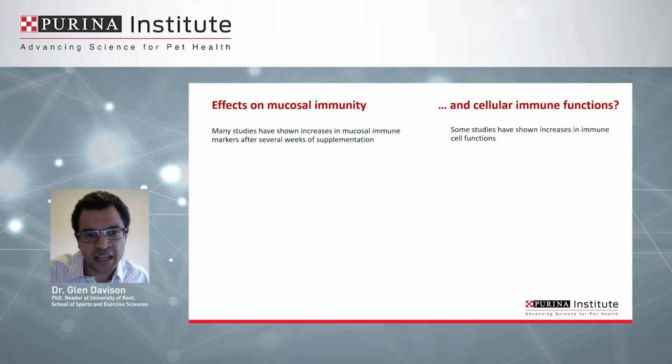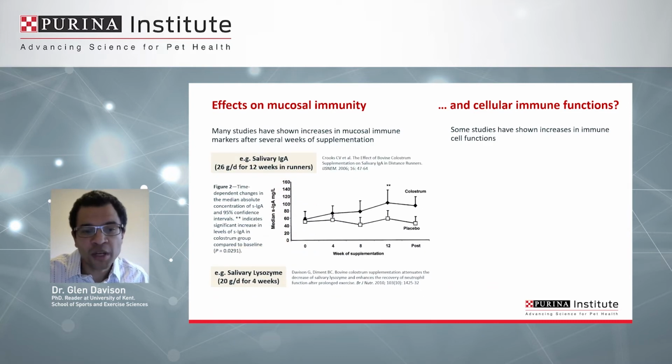So on the left of the slide here, you can see there's been some studies that have focused on mucosal immunity. And probably the most commonly studied factor of mucosal immunity is immunoglobulin A, IgA. And for those of you that need a quick recap of what immunoglobulin A is, essentially this is a first-line defense factor that we have in mucosal secretions, and it helps to protect these mucosal surfaces.